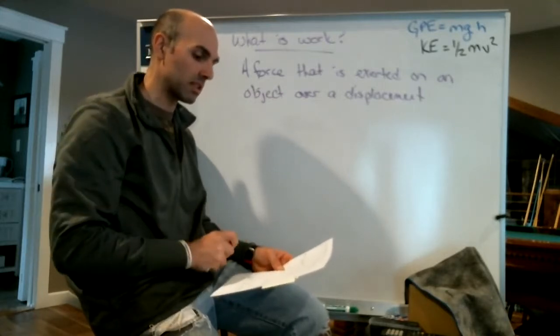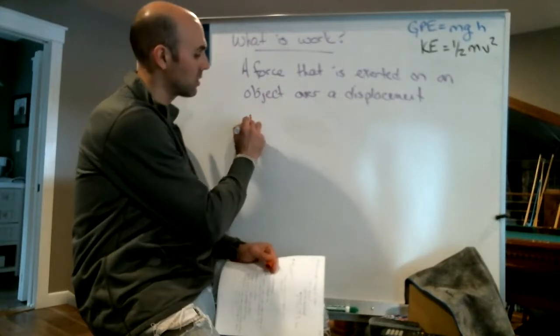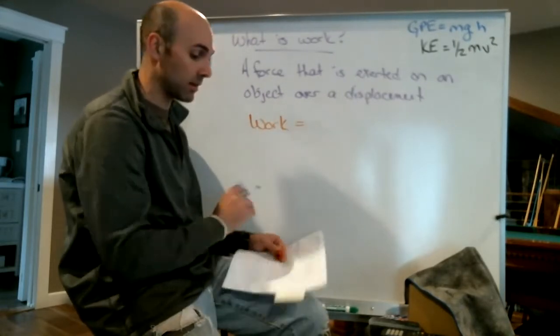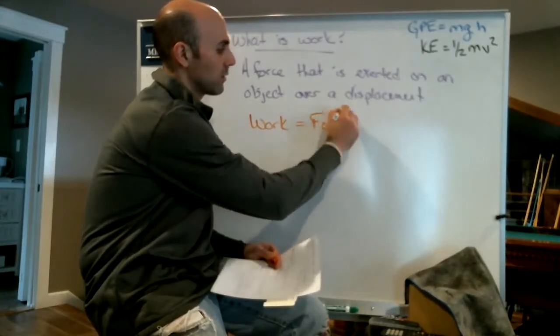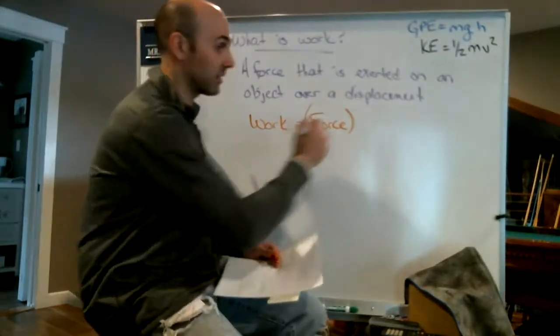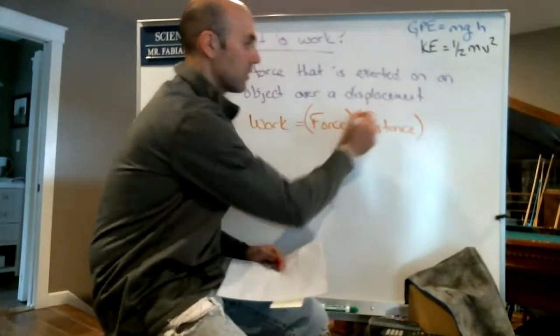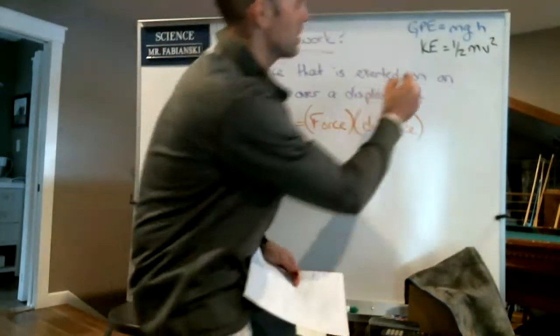So, let's take a little look here. Work, another equation, work is going to be equal to, we're going to jump right into this equation, force times distance. Okay, force times distance. So we can actually throw that up here.